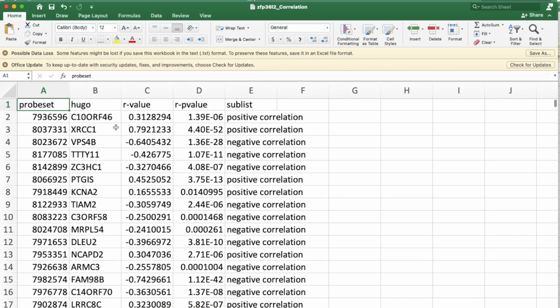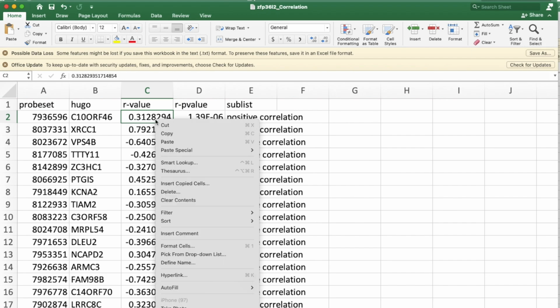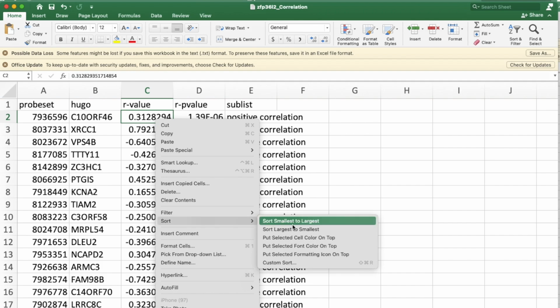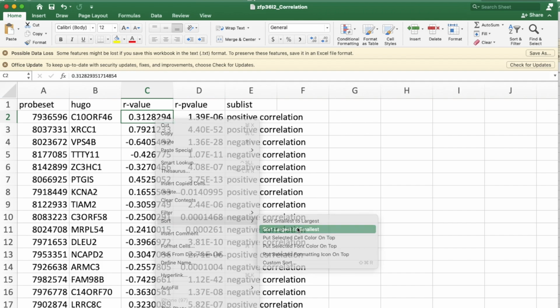Okay, this time let's look at things that are the best friends of your particular gene. So under R value, we're going to do the same thing. Go wherever you have a sort. Sometimes you can right click on that and say sort. But here's what we're going to do. Sort largest to smallest.